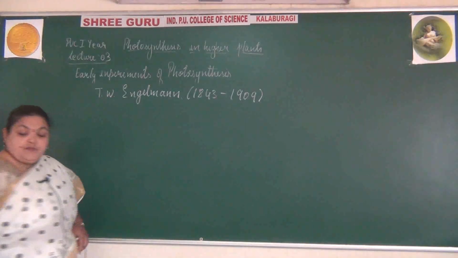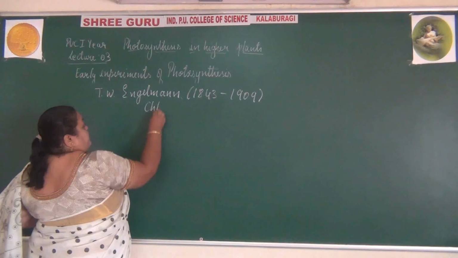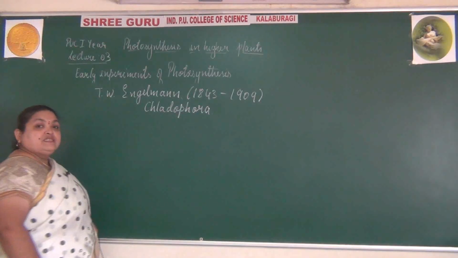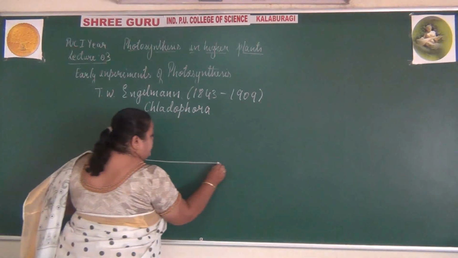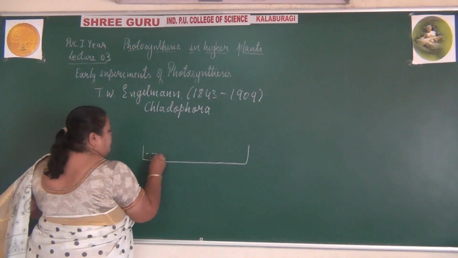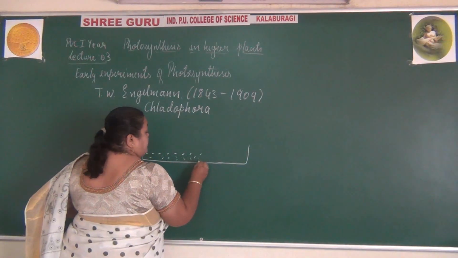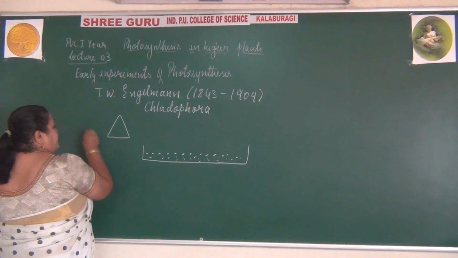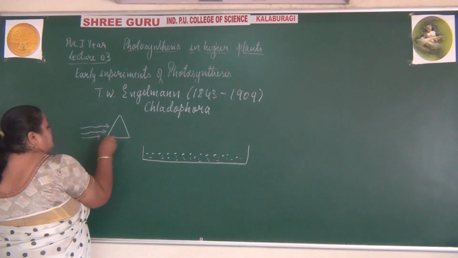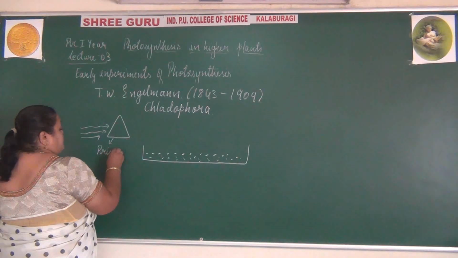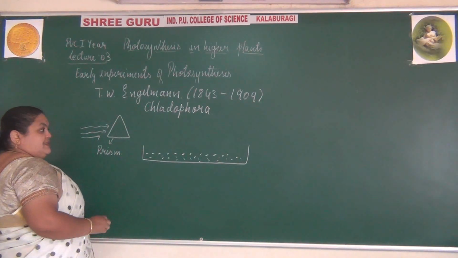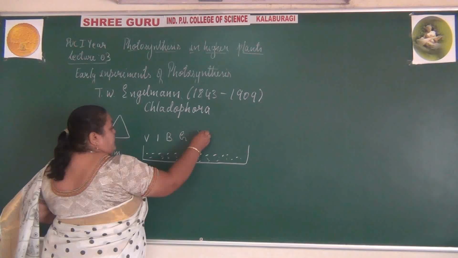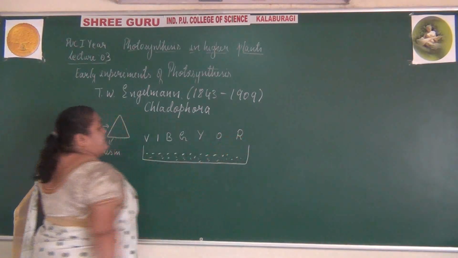He used the alga Cladophora for his experiment, where the algae were placed in a trough containing water, and a beam of light was passed through the prism, which dispersed the light as violet, indigo, blue, green, yellow, orange and red.